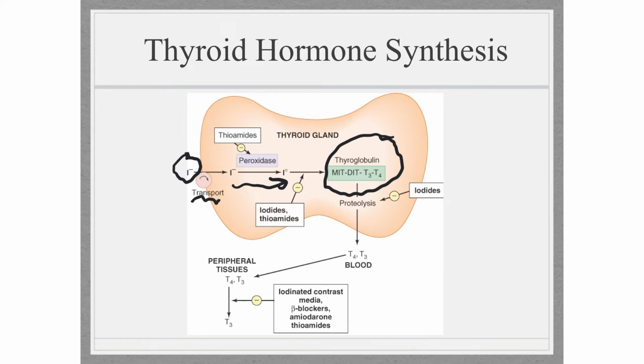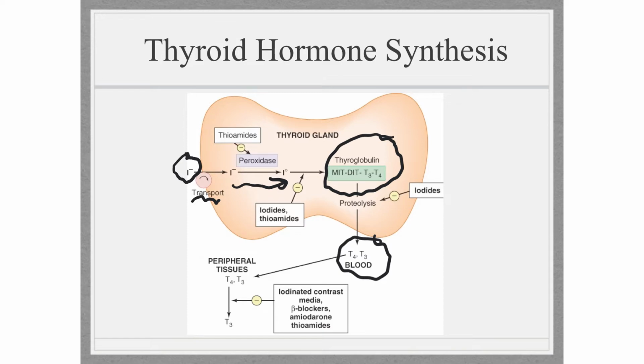When we receive the message that the body needs more thyroid hormone, we need to break off, so break down, through proteolysis. Lysis meaning to break apart, proteo meaning protein. So through proteolysis, we break down thyroglobulin into our active thyroid hormones T3 and T4, which will enter the bloodstream.